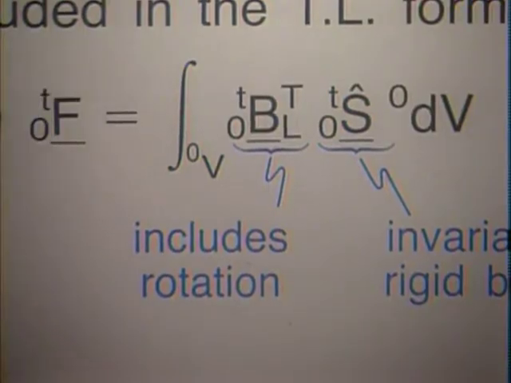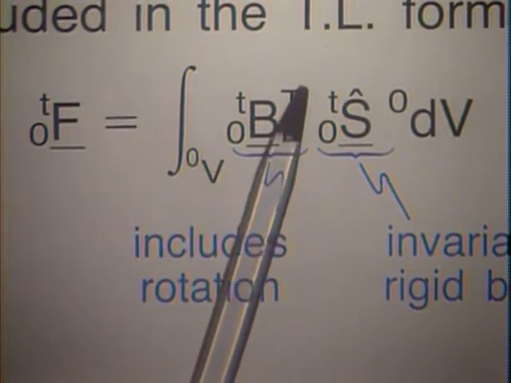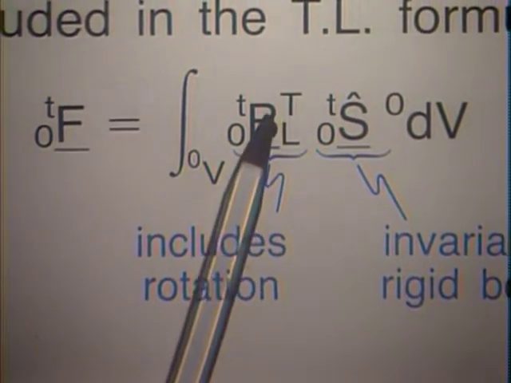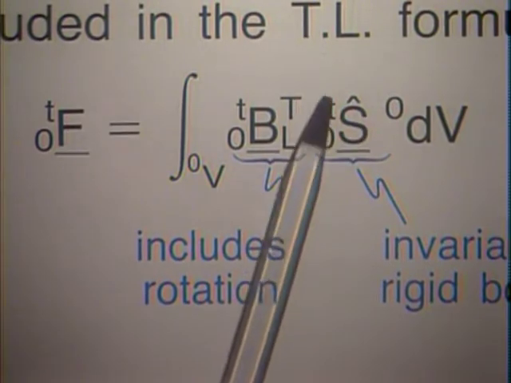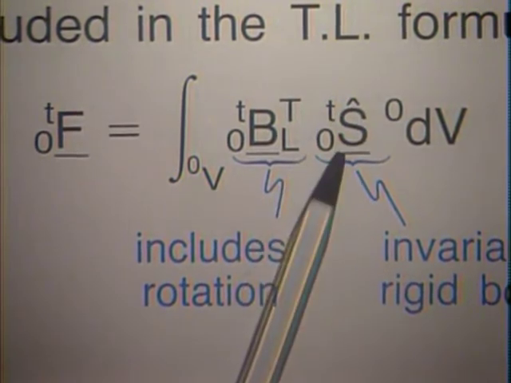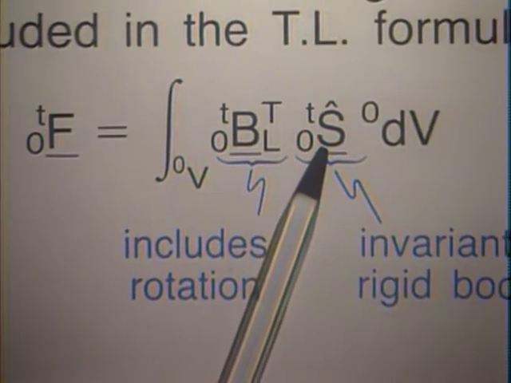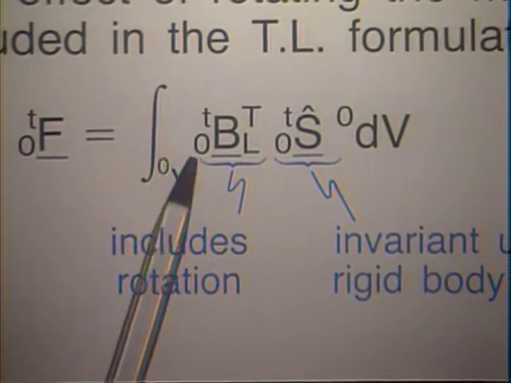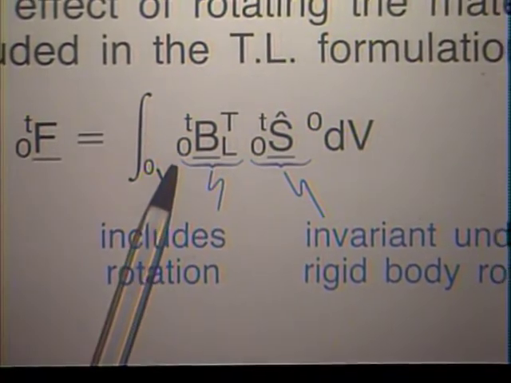We have the nodal point force vector being equal to the strain-displacement matrix times a stress vector, the second Piola-Kirchhoff stress vector. Now this vector is invariant under rigid body rotation, and of course it is calculated using the constitutive relation. This strain-displacement matrix takes into account the rotation.